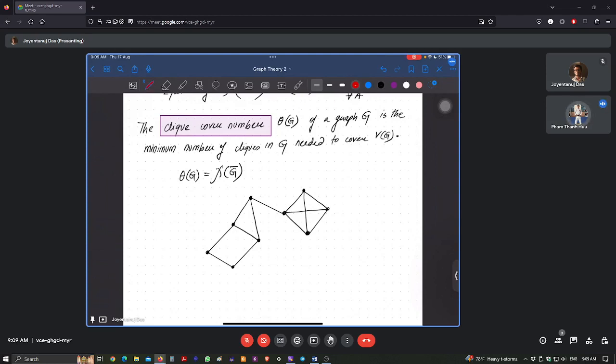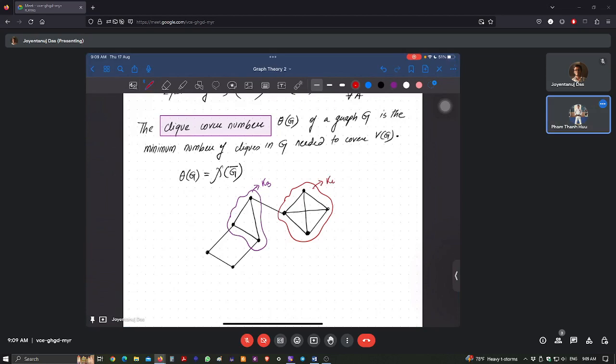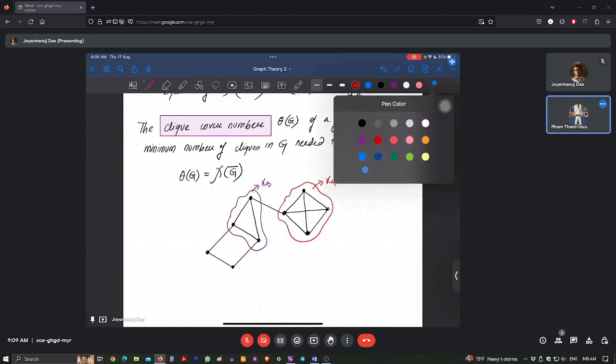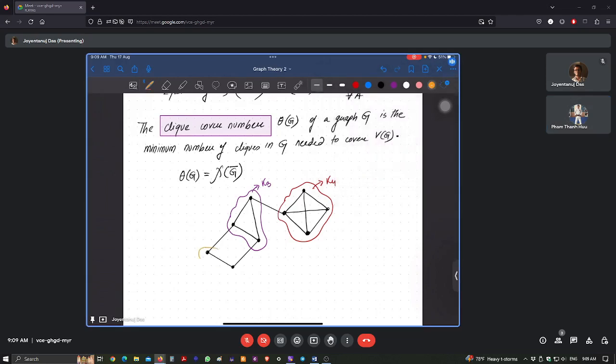So here, if I take this K4, then all these four vertices get covered. Next, suppose I take this K3. And suppose I take one more, this K2.